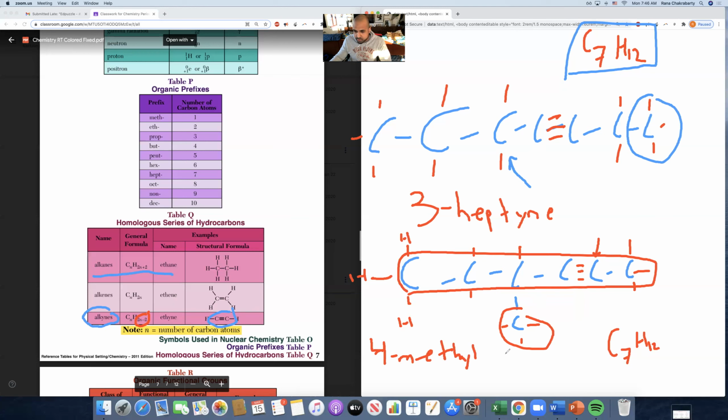So it's 4 methyl 2, 3, 4, 5, 6. 6 is hex, so it's hexine. Okay, so this looks really, really complicated. The only thing that's harder about this is that you have to remember that if I'm numbering it 1, 2, 3, 4, 5, 6, right?